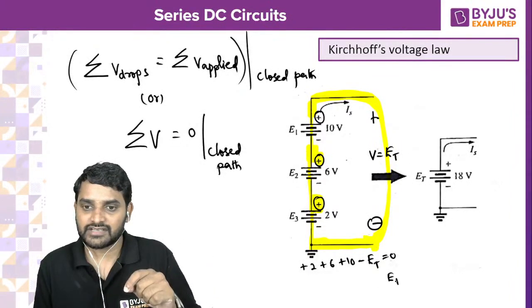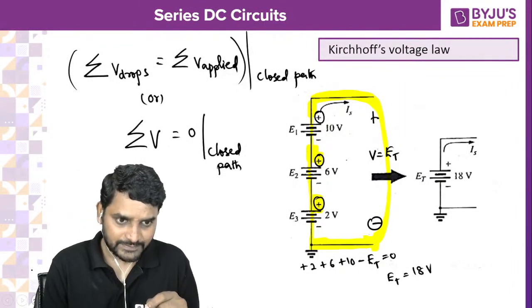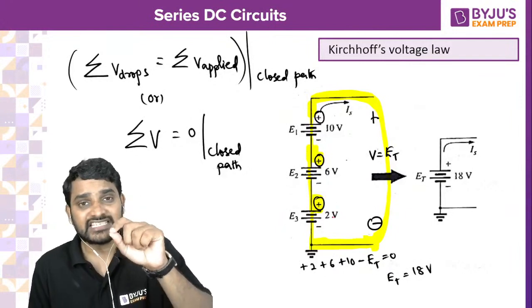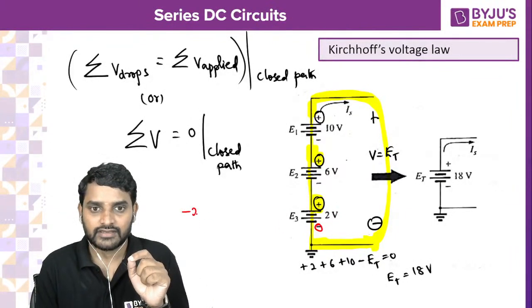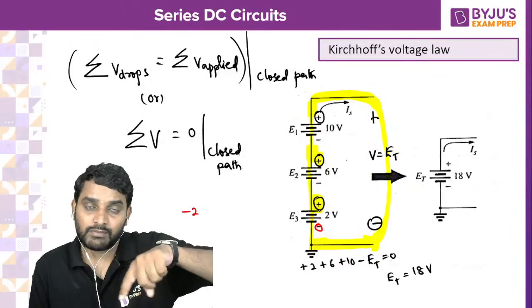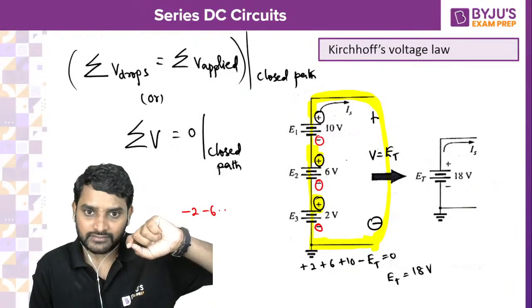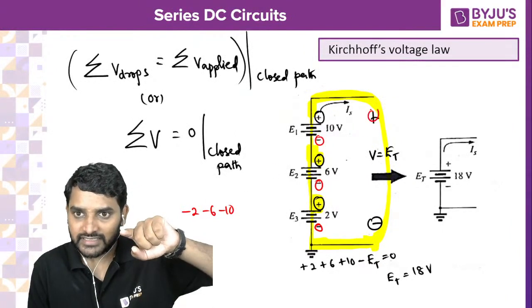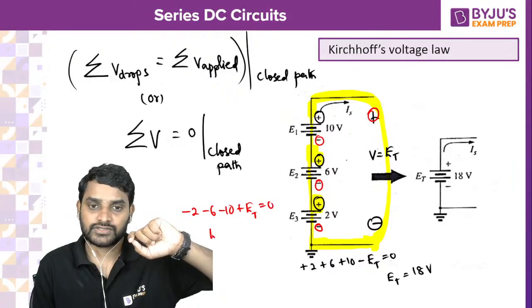So ET is equal to 18 volts. Or otherwise, you can consider entering polarities: minus 2, minus 6 and minus 10, and then plus ET equal to 0. So ET is again 18 volts.